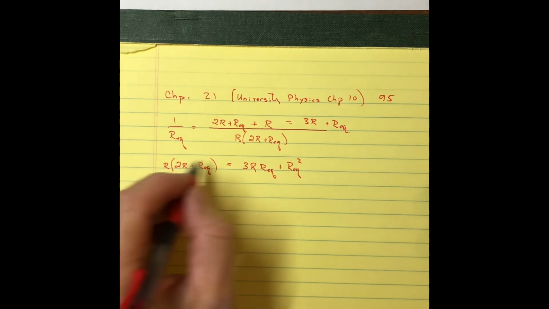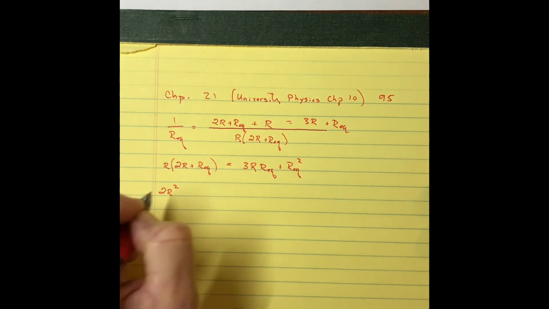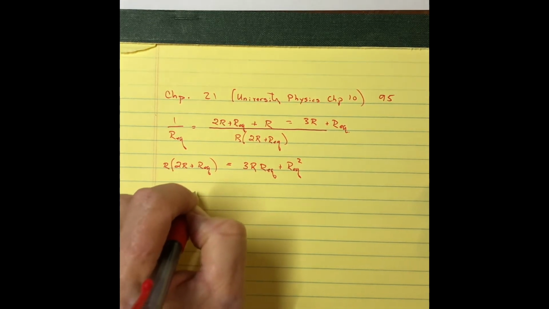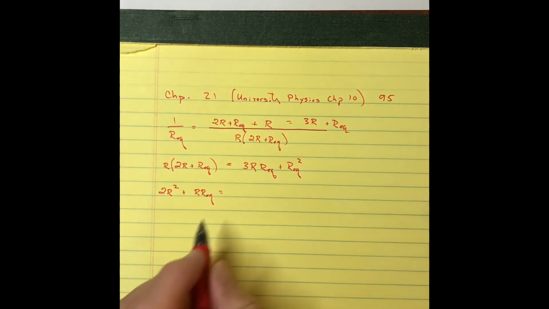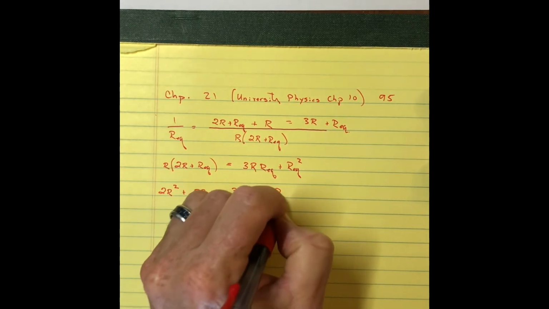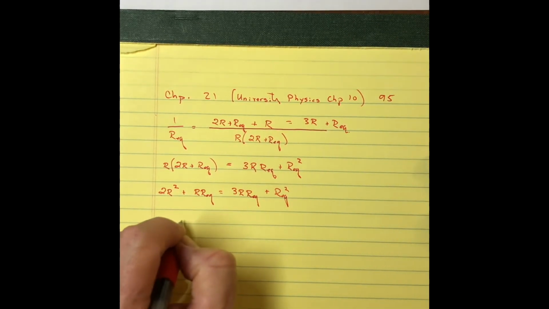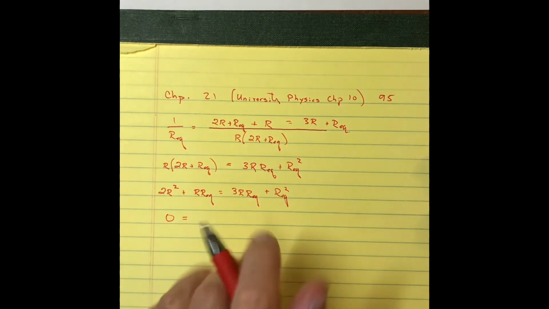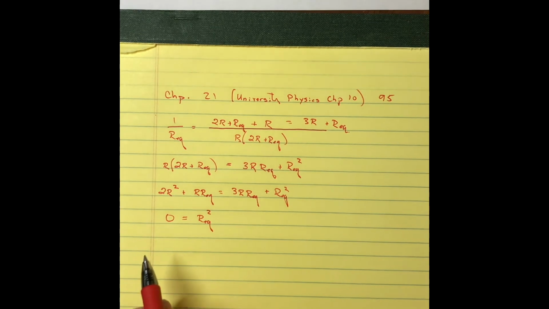If I distribute this, this becomes 2R squared plus an R R equivalent equals 3R equivalent plus R equivalent squared. Now keep in mind I'm trying to solve for R equivalent, so let me write this in the standard quadratic form, and I'll write R equivalent squared, okay?